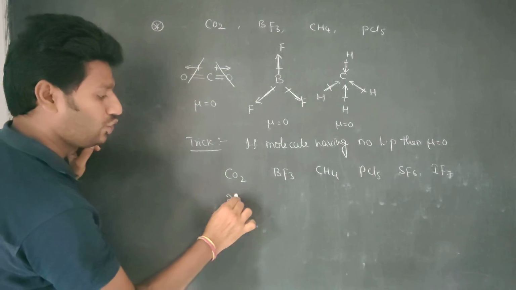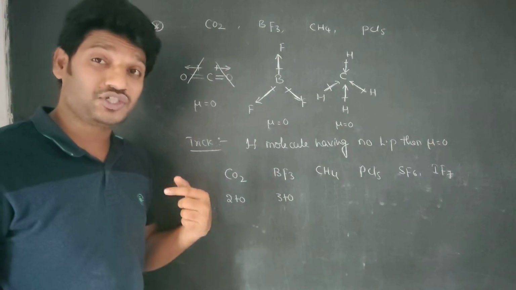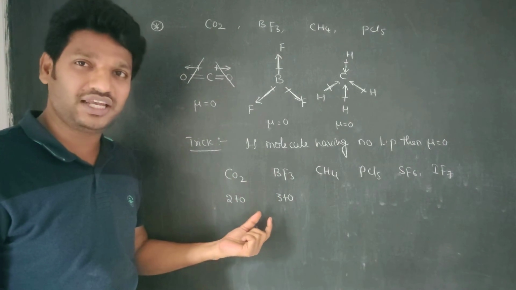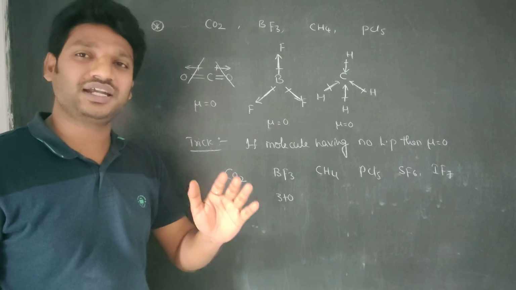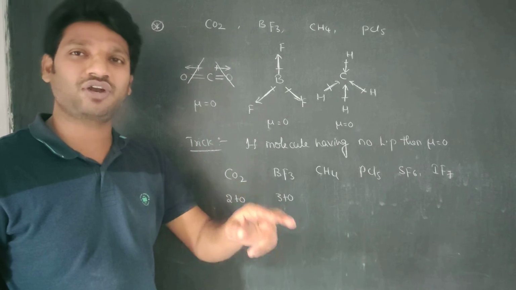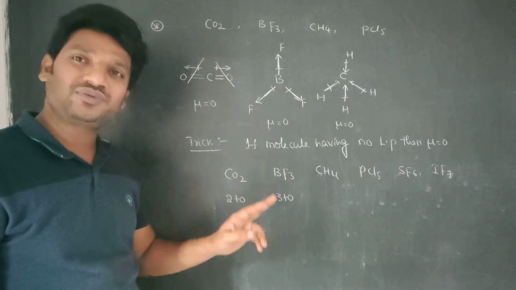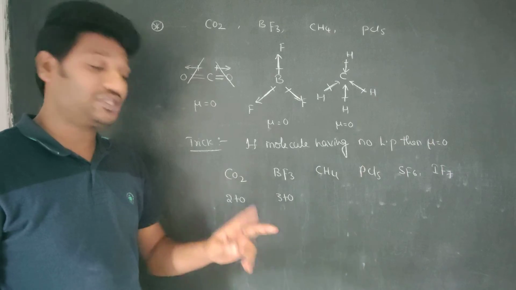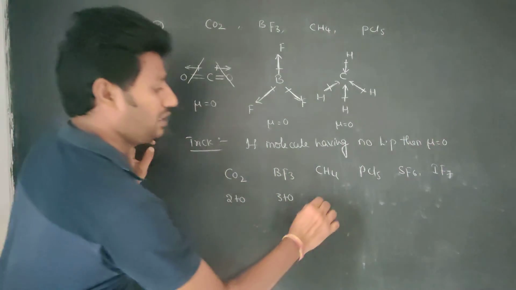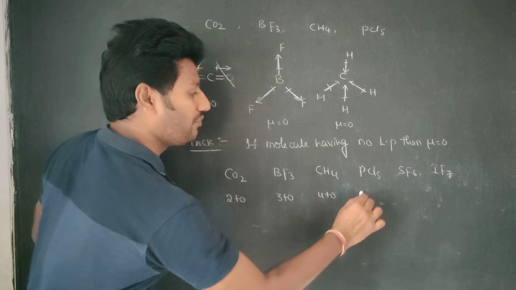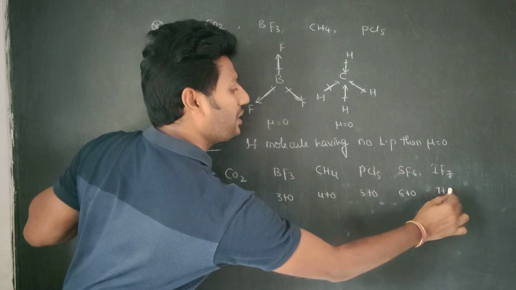So there is 2 plus 0, 3 plus 0 according to hybridization. Our shortcut formula: number of surrounded atoms plus group number of the central atom minus valence of the surrounded atom, by 2. Based on this table, 2 plus 0, 3 plus 0, 4 plus 0, 5 plus 0, 6 plus 0 and 7 plus 0.